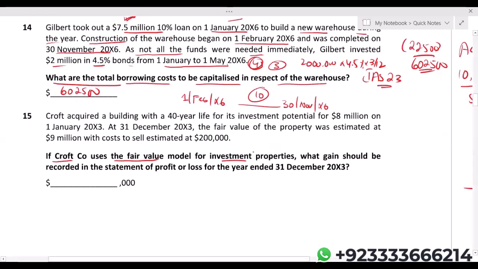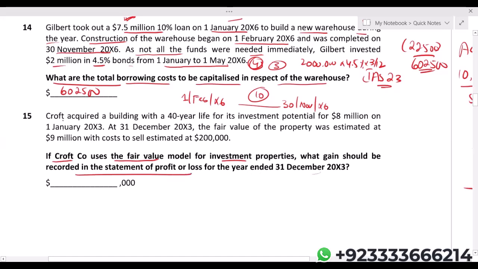Number two, whatever change comes in the fair value, that change is directly recognized as gain or loss in the statement of profit or loss.